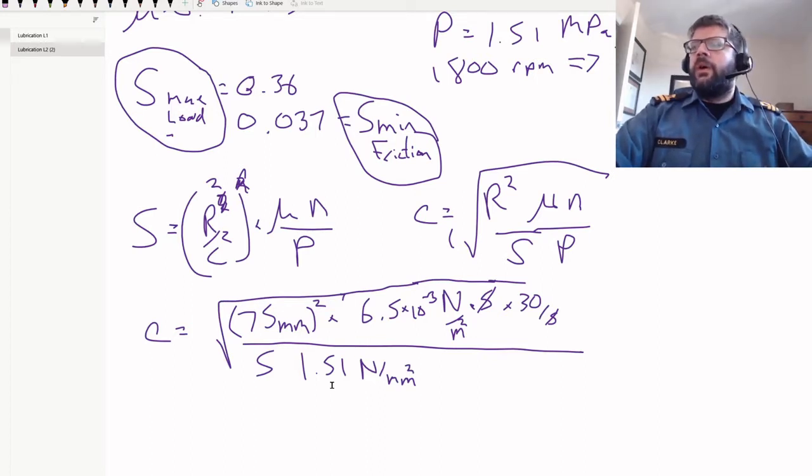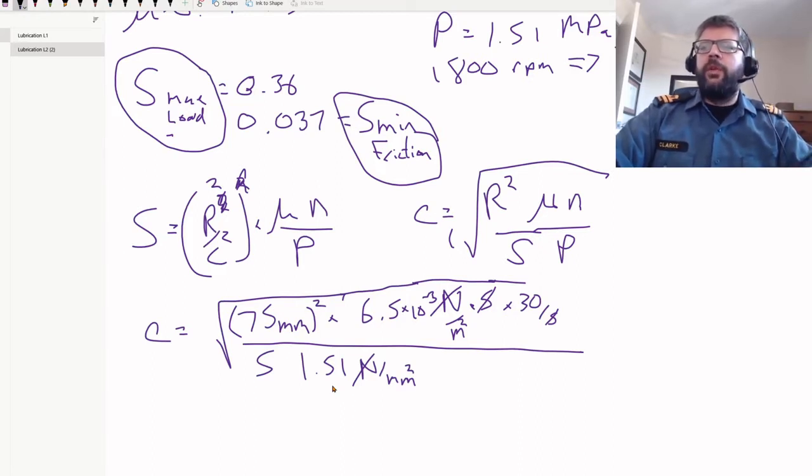Okay, so what do we got here? We've got our newtons canceling out. We need to reformat one of the millimeters. This millimeter on the bottom is divided out, so we can cancel it out and move it to the top, giving millimeters squared.